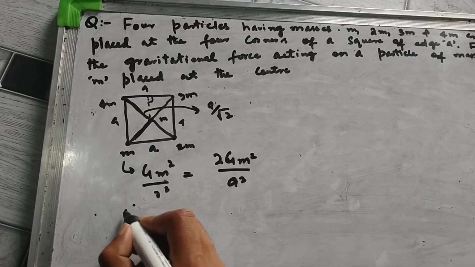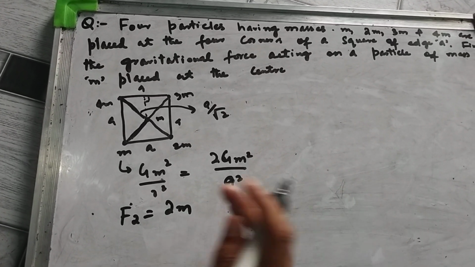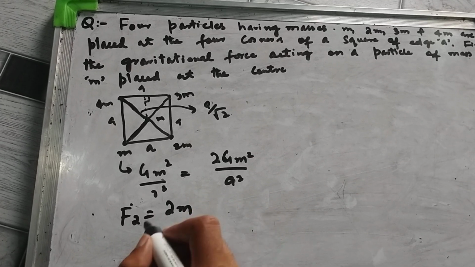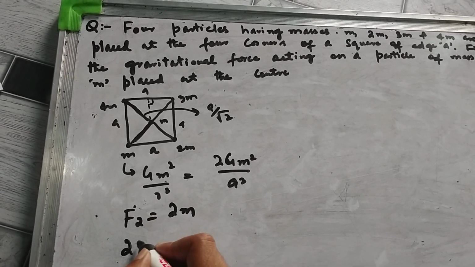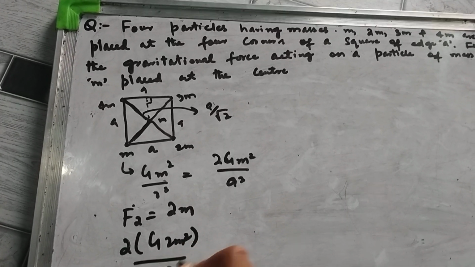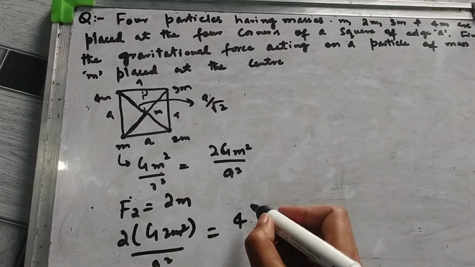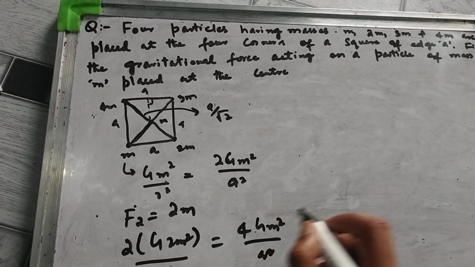So from here F2, the mass will be 2M, so force 2 is equal to 2 into G into 2M square upon a square, which is equal to 4GM square upon a square.